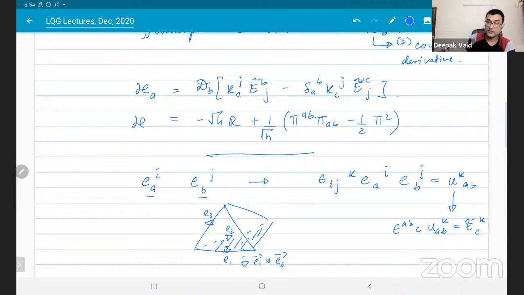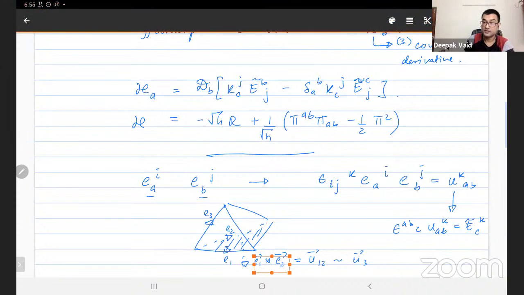Instead of writing it as U12, I can also write it as U3, where I get the 3 by putting one more factor of epsilon.